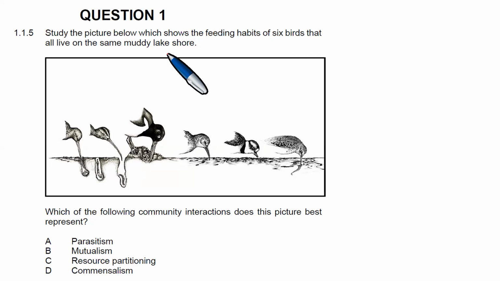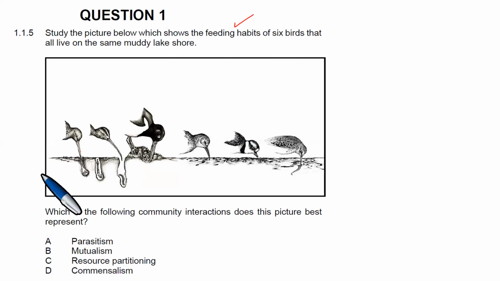Okay, so now this is an interesting one. Here we can see the birds, but do they have feeding habits? You can really see that some of these birds appear to be scavenging, and as they are scavenging for food, they have different feeding habits.